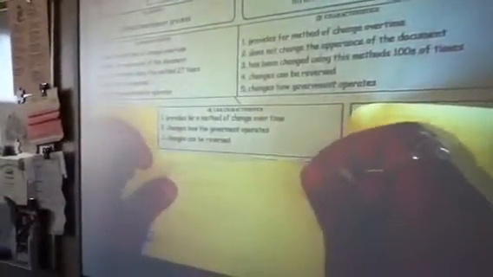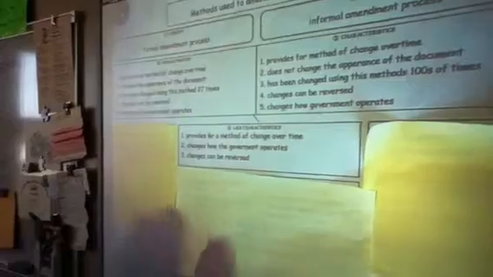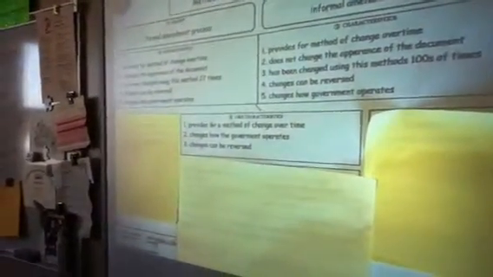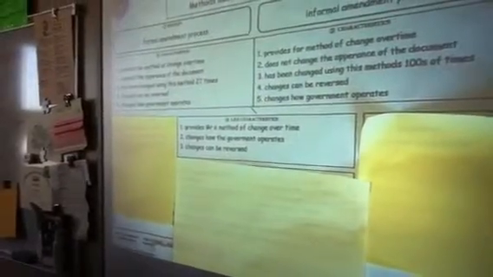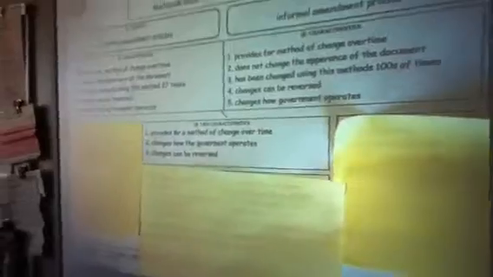And we have a third. What do you got, Donna? It changes over time. Yes. It provides for that method of change over time. Great job. Way to use both of those characteristics to pull out what is similar. Method of change over time, how the government operates, and that the changes can be reversed.